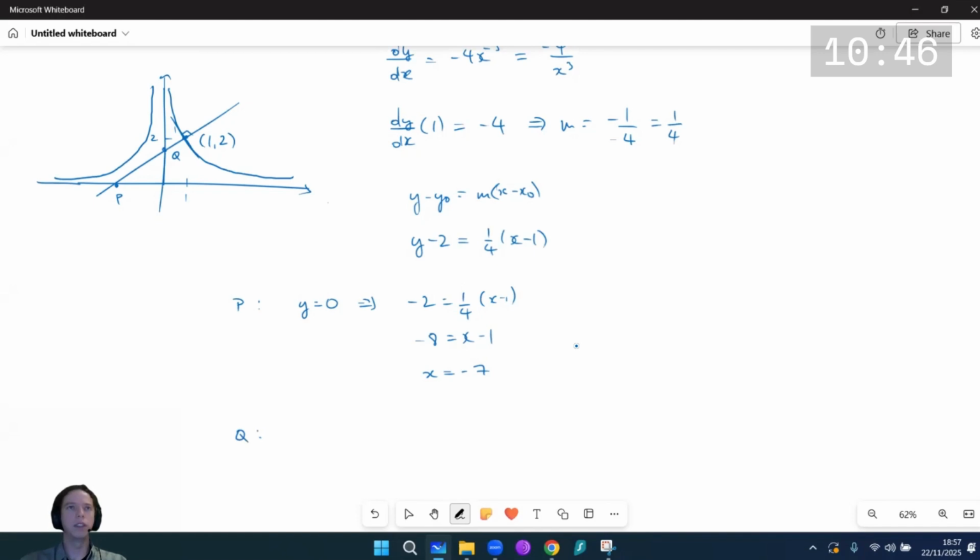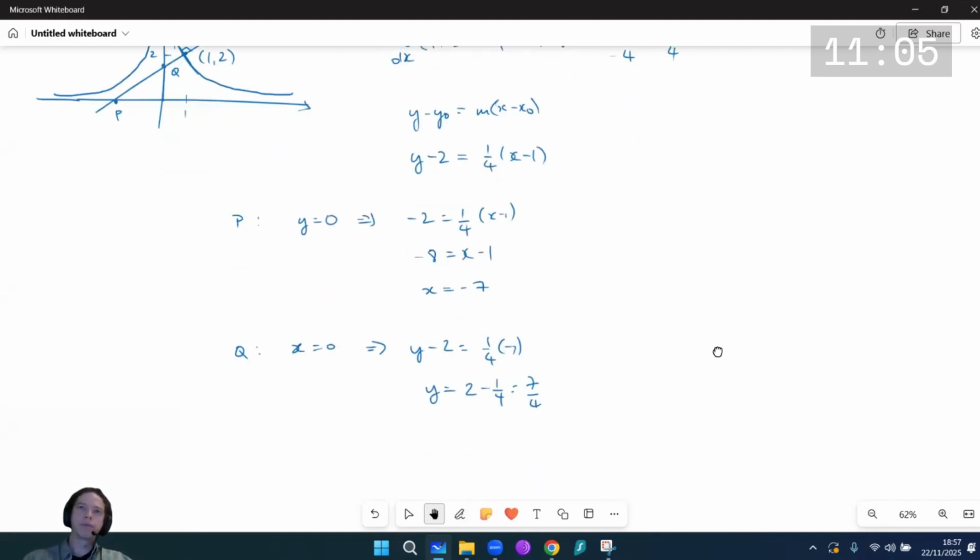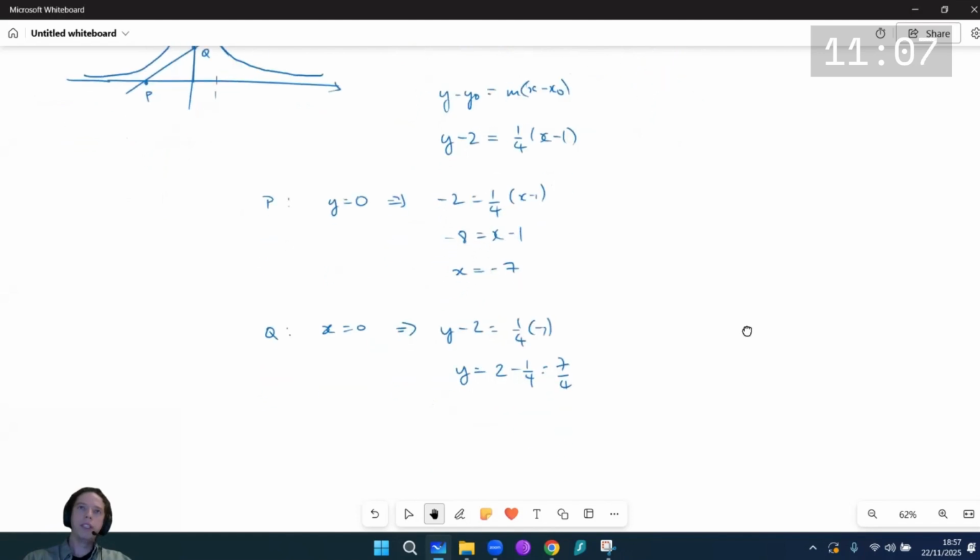Q is when x equals 0. So we get y minus 2 equals a quarter times -1. So y equals 2 minus a quarter. That's 7 quarters. Yep, that's good. Lovely.